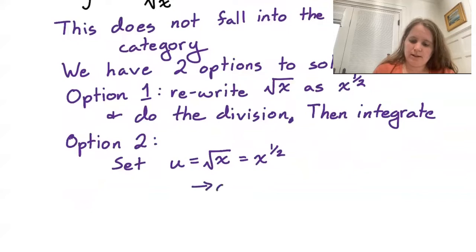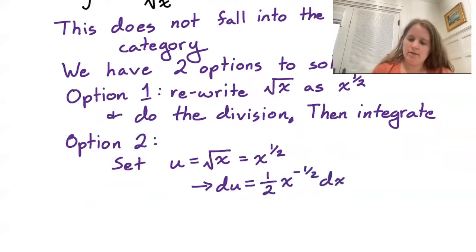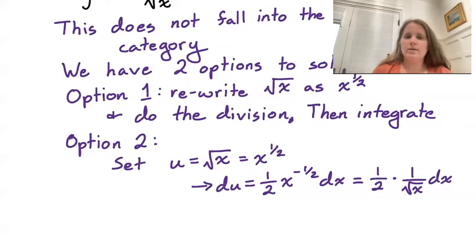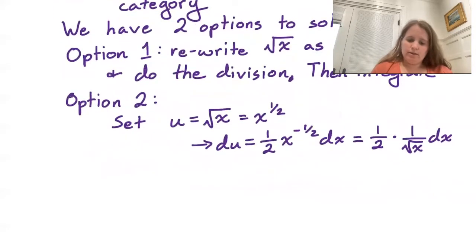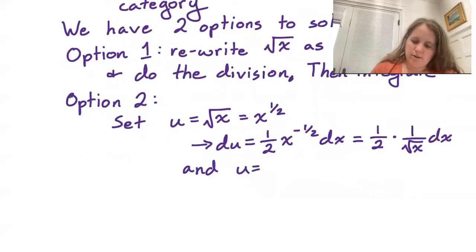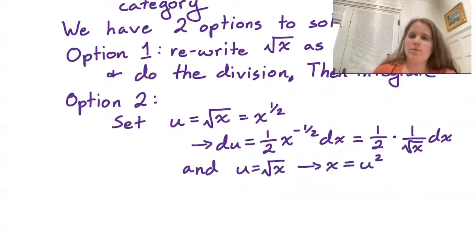Then we have that du is equal to 1/2 x to the negative 1/2 dx, or 1/2 times 1 over square root x dx. We also have, if u equals the square root x, then x should be equal to u squared.